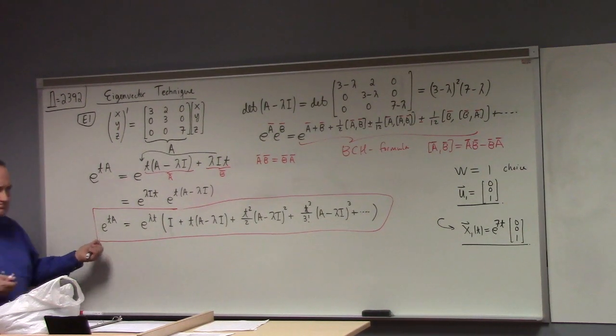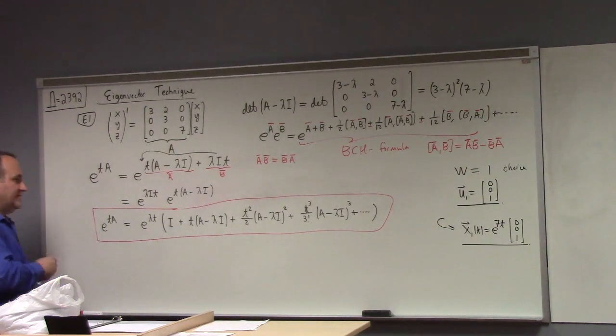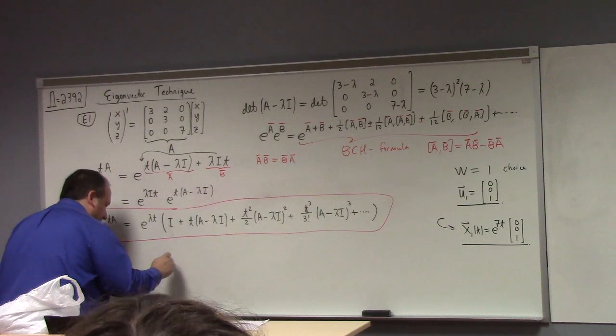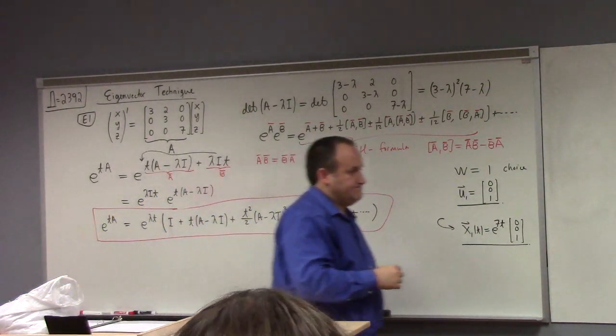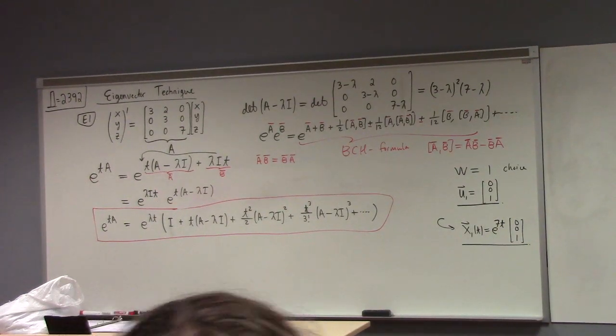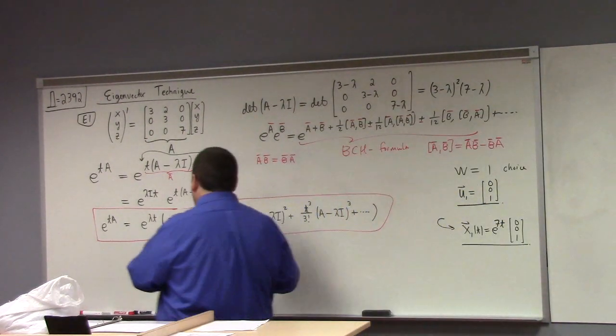How can we use the magic formula? Let's see what happens when we feed it an eigenvector. Let's feed it u1. What happens when I look at e to the tA times u1? I'm going to look at the magic formula with lambda equal to 7, to make use of u1.